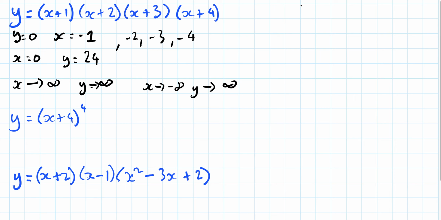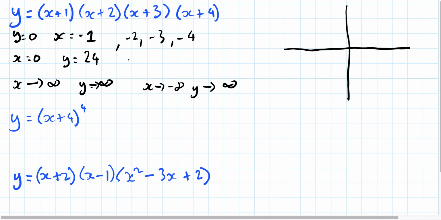So if I just draw a sketch, actually I'll do it this way. So I'll draw my sketch, so that should be straight lines. So it crosses all the negative values 1, 2, 3, and 4. So I'll start with -4, -3, -2, -1. Oh, perfect.